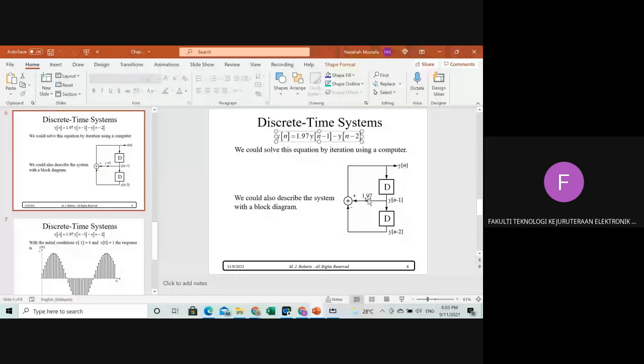You have the summing junction here, so it goes back here, right? And if y(n-1) goes to the second delay box, it becomes y(n-2). If you sum the first signal and the second signal here, you have 1.97 y(n-1) minus y(n-2).